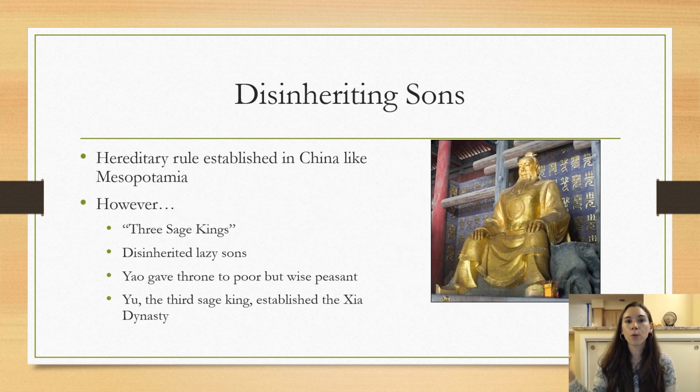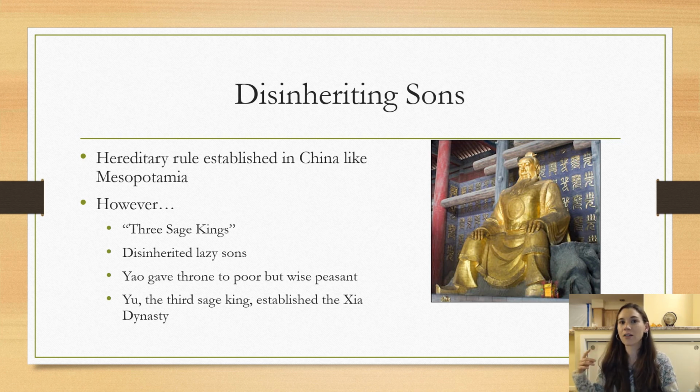So we have talked about hereditary rule in Mesopotamia, where kings become kings based on birth and not something that they did or accomplished, and how that created an aristocracy and hierarchy. This hereditary rule was established in China, like Mesopotamia.